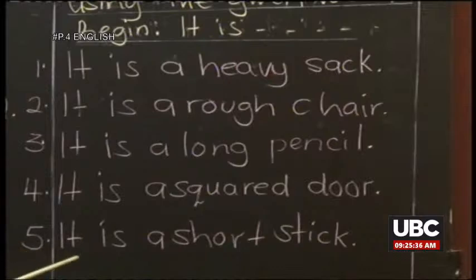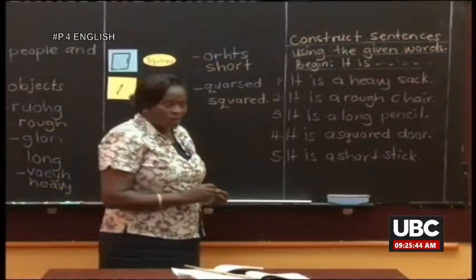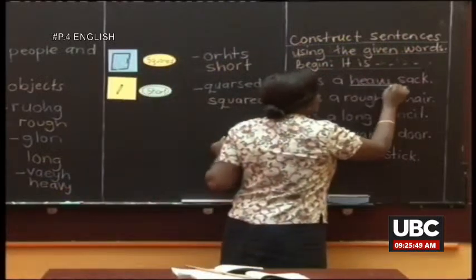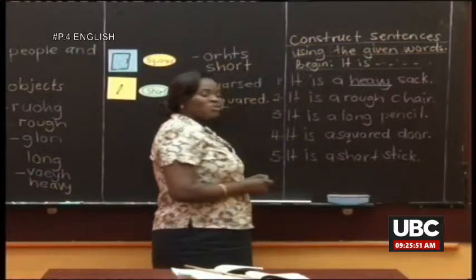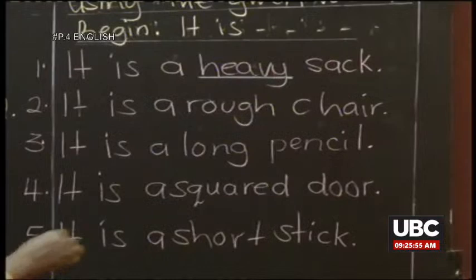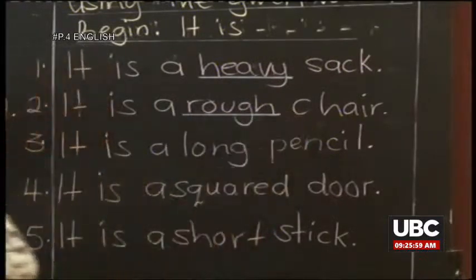Sentence number 5, it is a short stick. So let's try to underline our adjective words which we have looked at today. The first one, we look at the word heavy. And I know, children, you will be able to write those words correctly. Our next word, we look at the word rough.